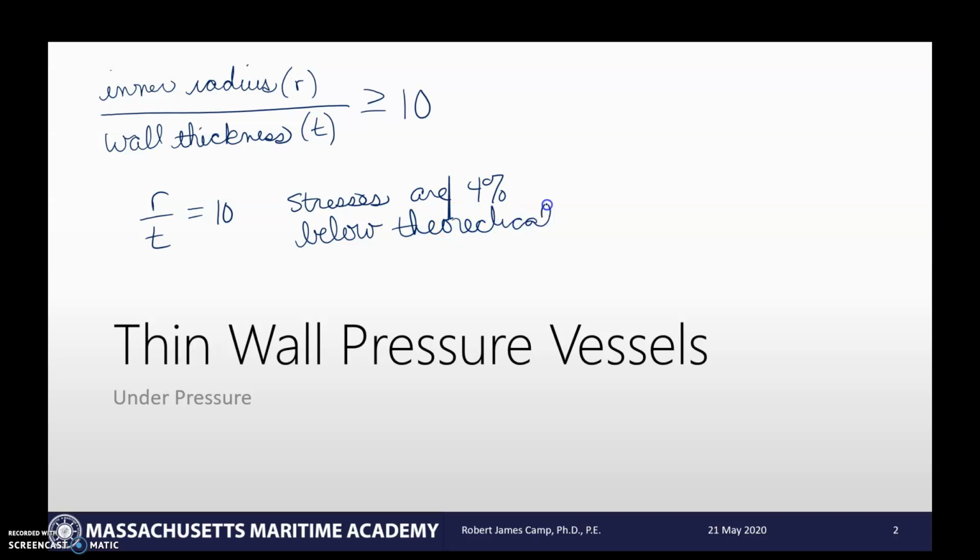What does that mean? Well, if we find the stress is 100,000 psi by equation, the stress is really 96,000 psi. And it becomes much more inaccurate below 10. As we go above 10, it becomes more and more accurate, so we get closer and closer to the real number from our equations.